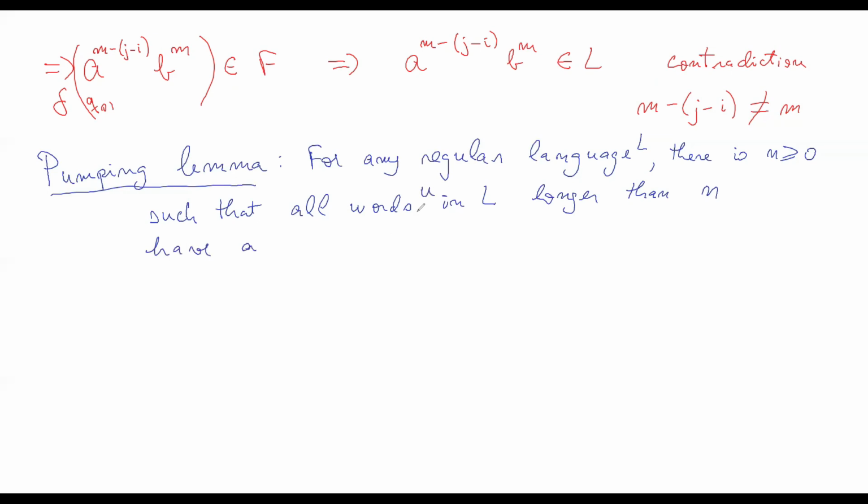So all words, if you like, have a decomposition. Let me just modify the notation so that I can follow my notes more carefully. So this is a word X, and the decomposition is X equals UVW with the following properties. So there is a decomposition with the following properties.